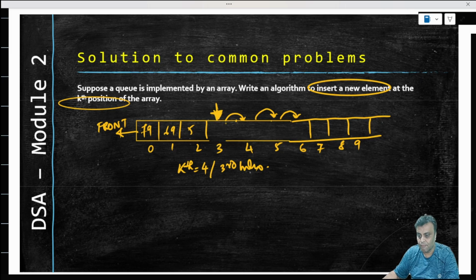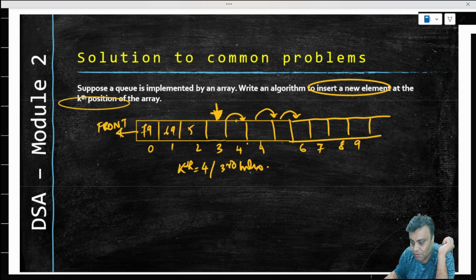Zero, 1, 2, 3, 4, 5. Not sure where we went wrong, but we can renumber it again.